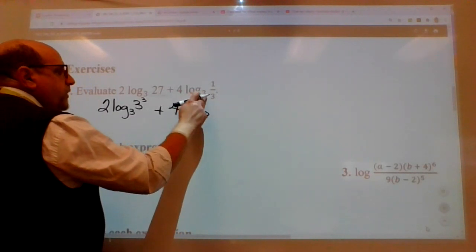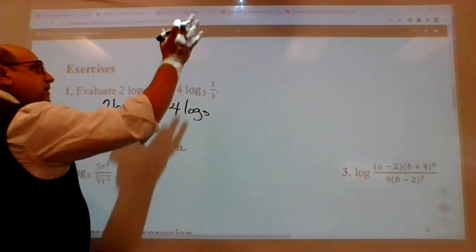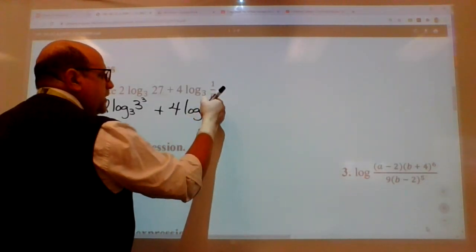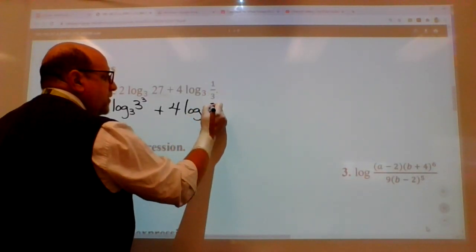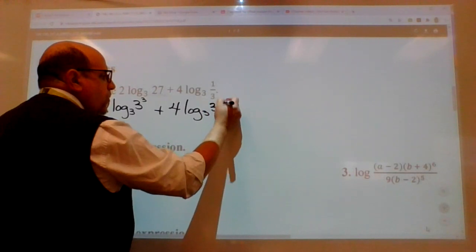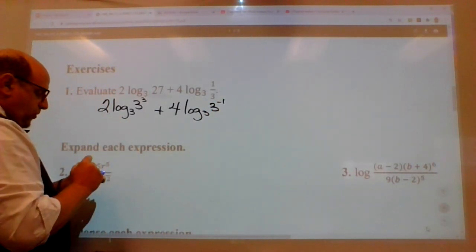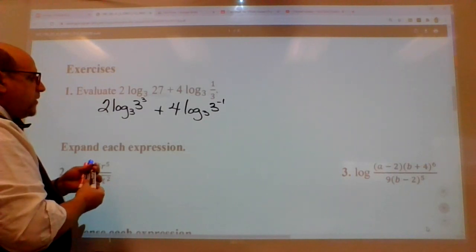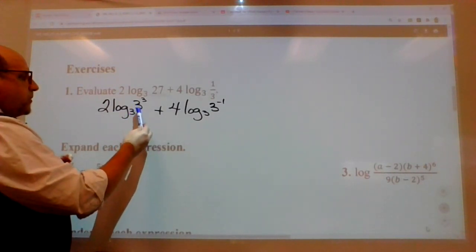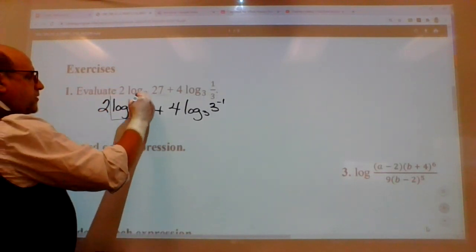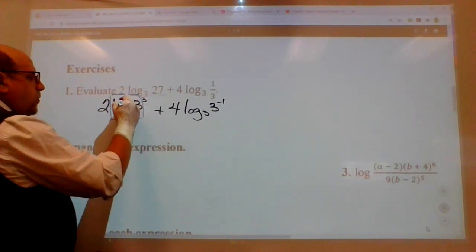And this 1/3 here is just like that 1/2 in the previous problem. It's just 3 to the negative first, or 3 to the negative 1. Now, I want to remind you that if we have a log base 3 and a 3, these two things equal 1.